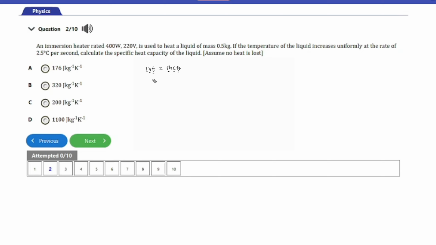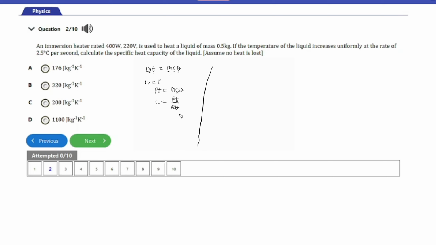We don't have the current here, but we actually have power. So IV is equal to P, and then we change that in this equation. This equation becomes PT is equal to MC theta. So to find C becomes PT over M times theta.